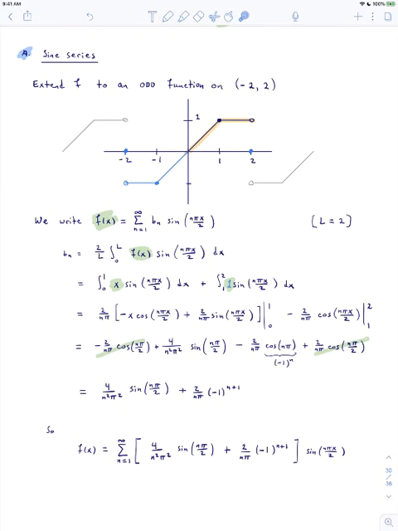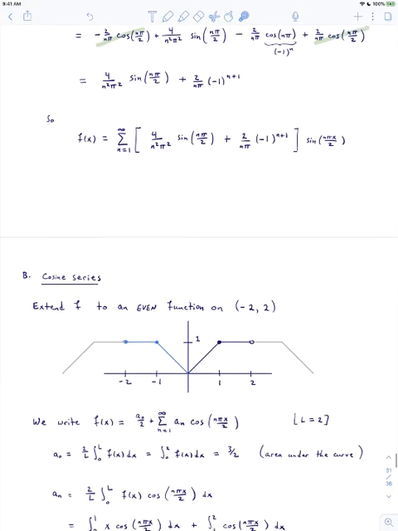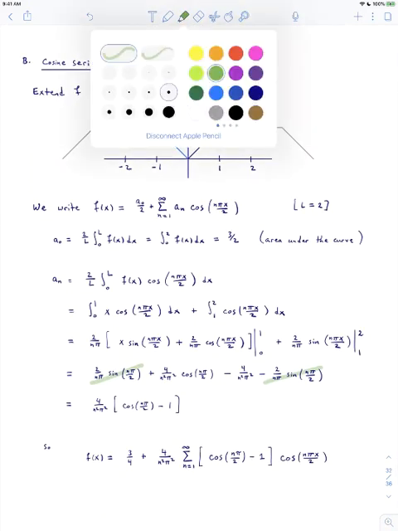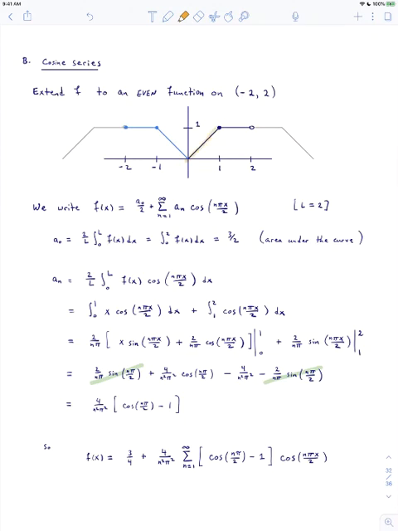For B, we want to extend f to an even function and find a cosine series. So once again, here's our function f right here. And now we want it to be an even function, so we just reflect it about the y-axis, over here.